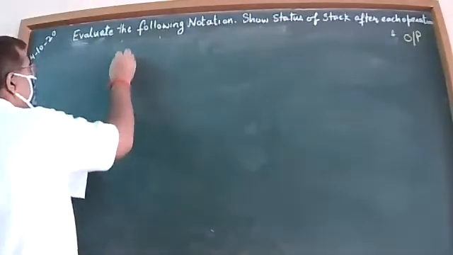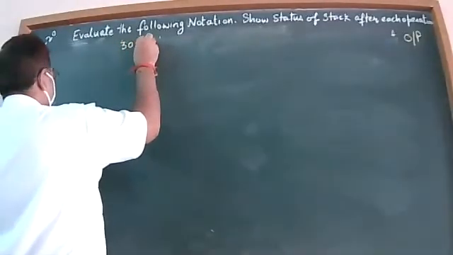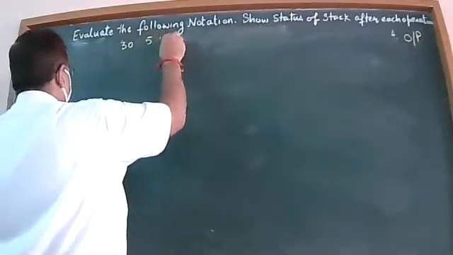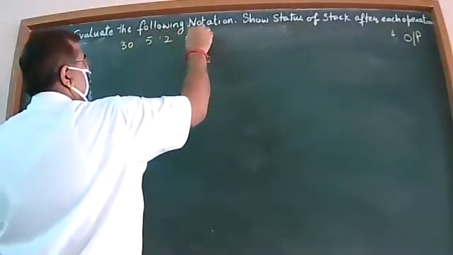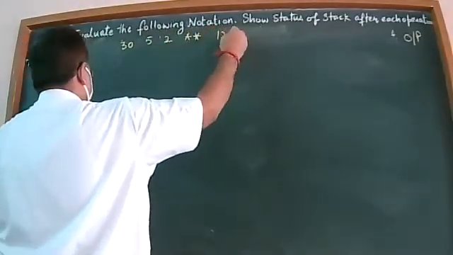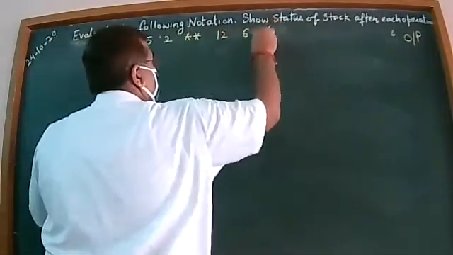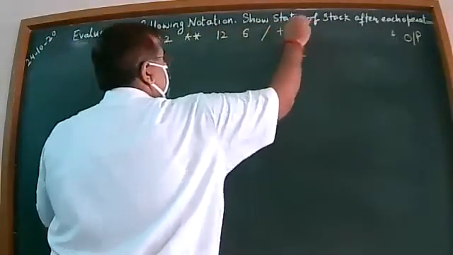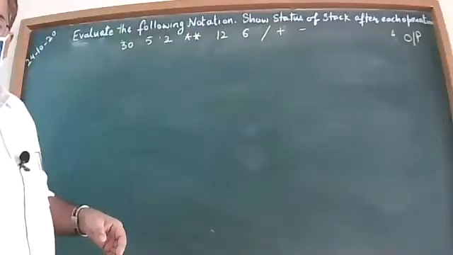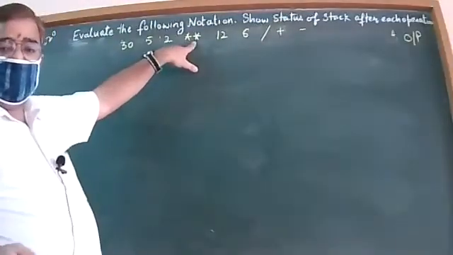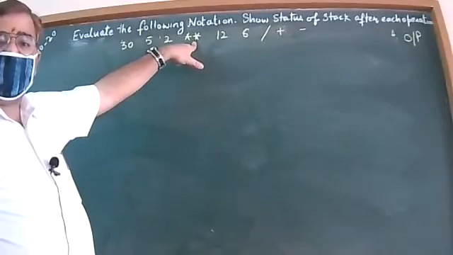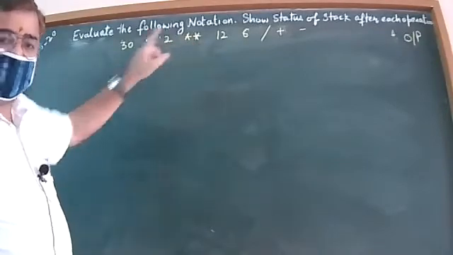The question is 30 5 2 double star 12 6 divide plus minus. This is the double asterisk that you call the power operator in Python.